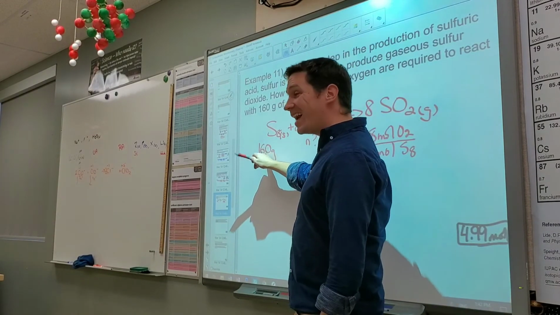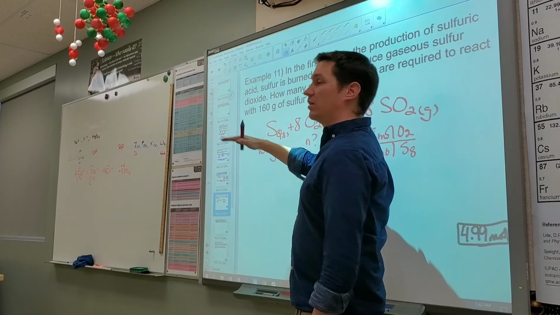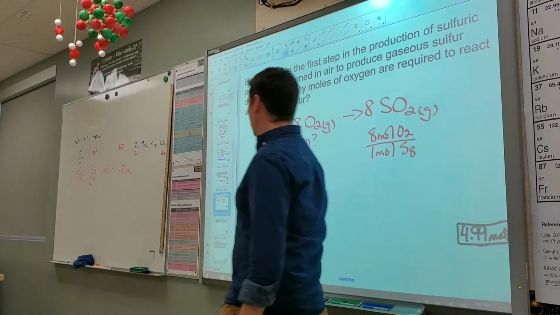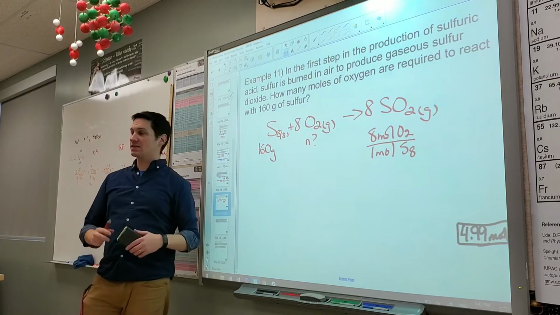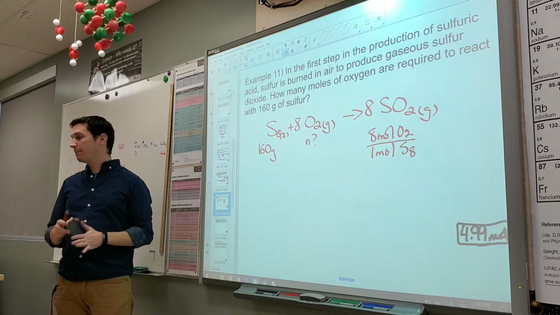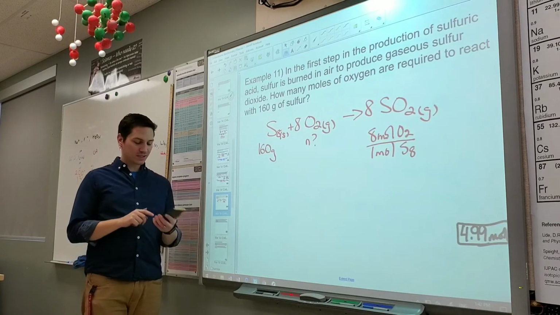But I can take the mass and convert it into moles using the molar mass. So did anybody calculate the molar mass of sulfur, S8? I know lots of people did.